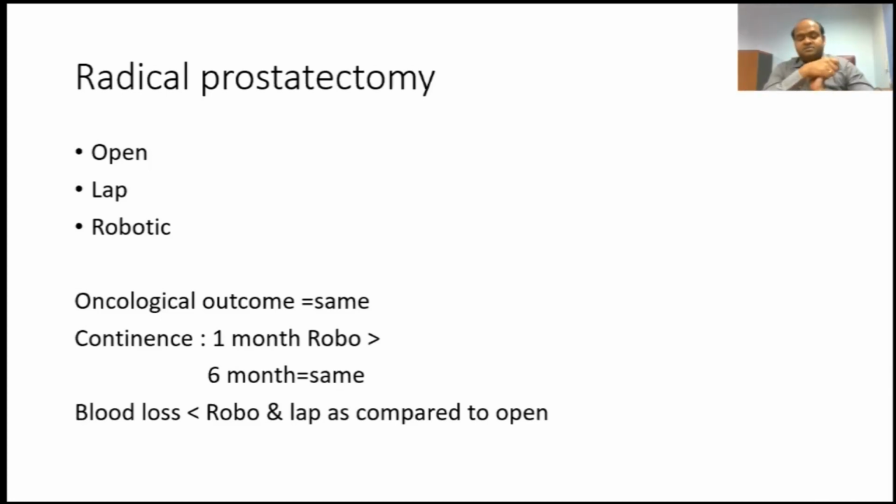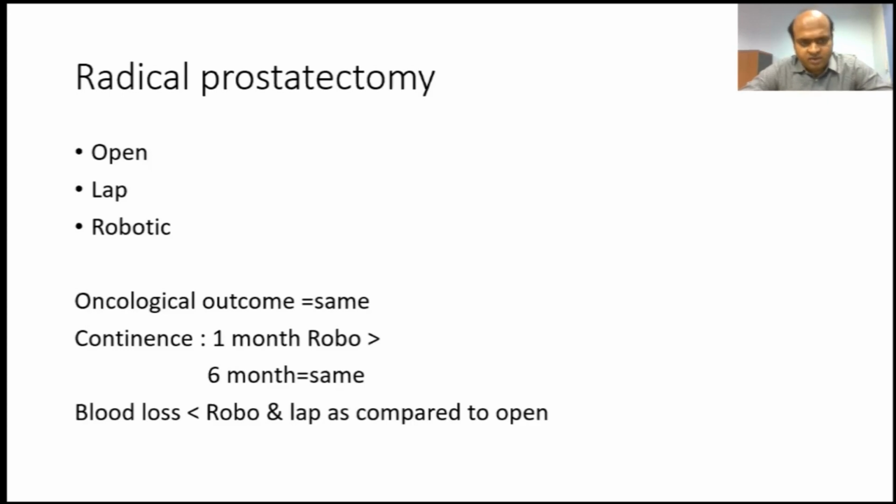Of late, in the last maybe 10 years, robotic radical prostatectomy has been really popularized worldwide, and it has definitely reduced the morbidity as well as the difficulty level of prostate surgery from the surgeon's point of view.